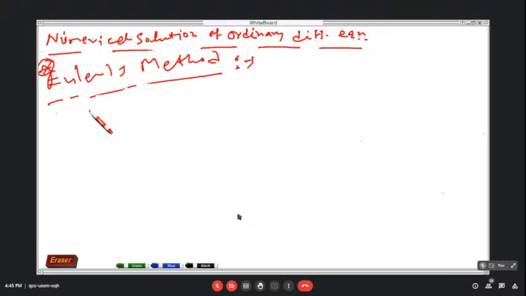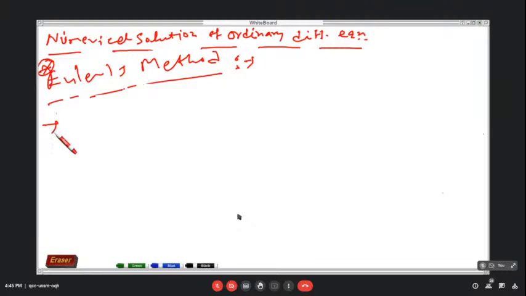Mostly in this method, whatever we are discussing, truncation is one of the major errors, right? So in this case, what is the truncation error, or how much truncation error are we making? The major cause of loss of accuracy is the truncation error.